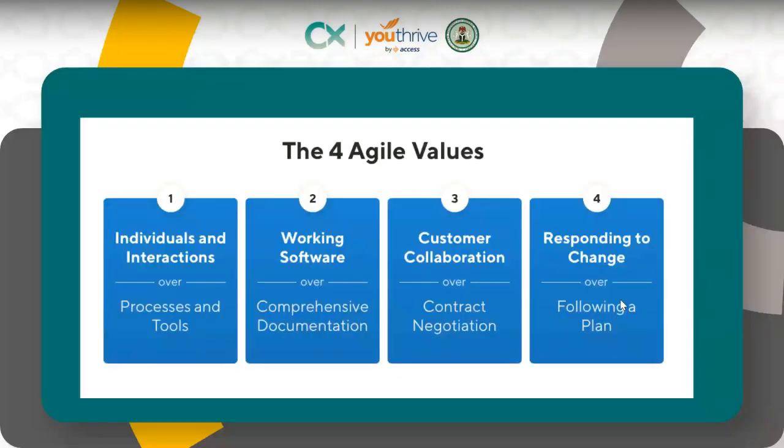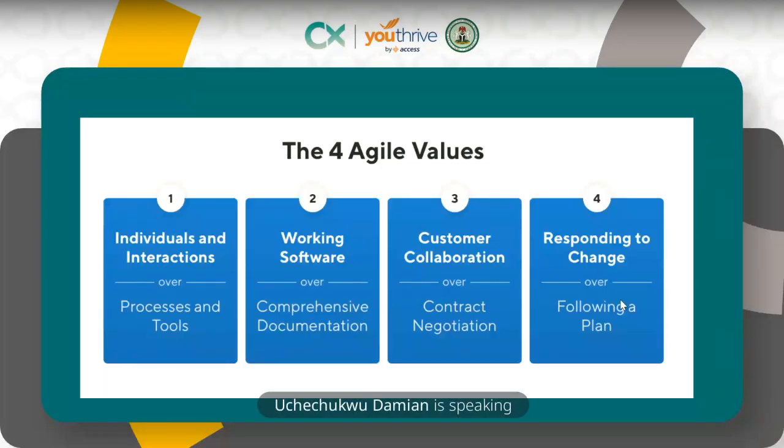So what are the values that Agile upholds? In Agile, it is individuals and interactions over process and tools. So Agile values individuals and interactions.